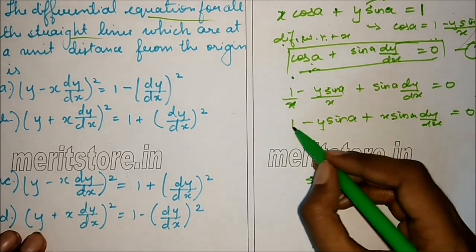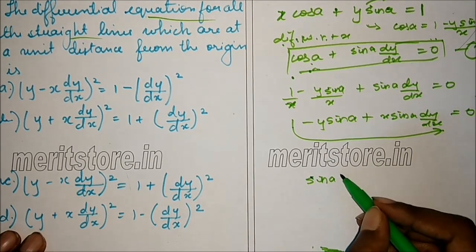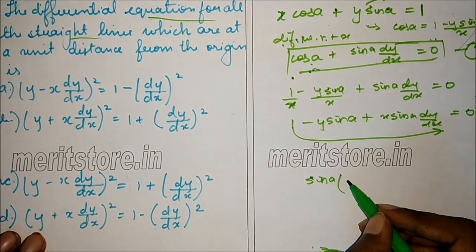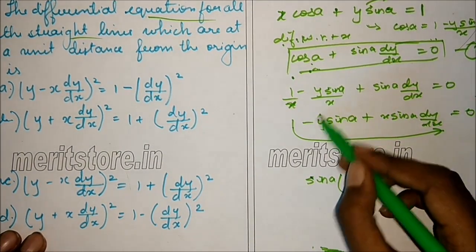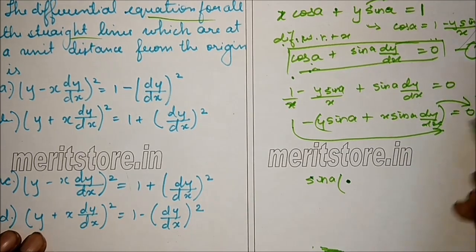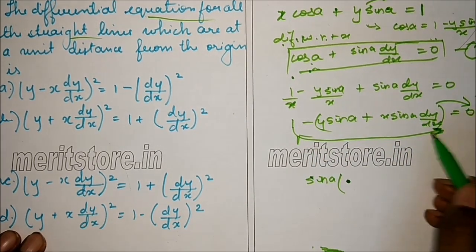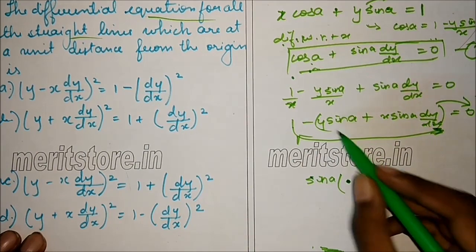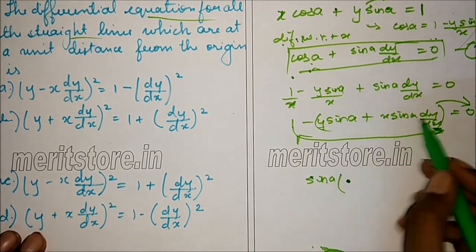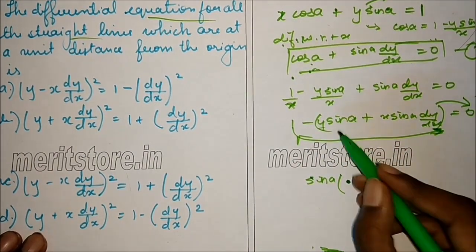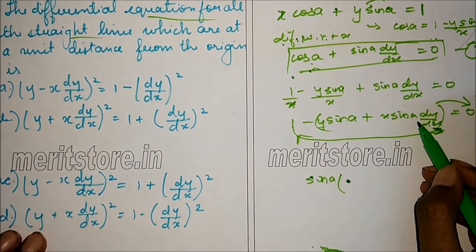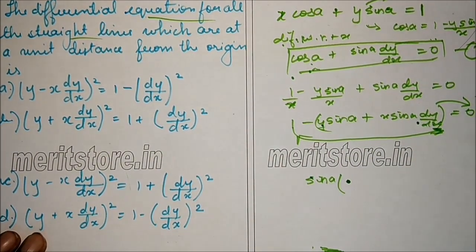Taking sin A common and taking the other term to RHS, the signs will change. This will become negative and this will become positive.